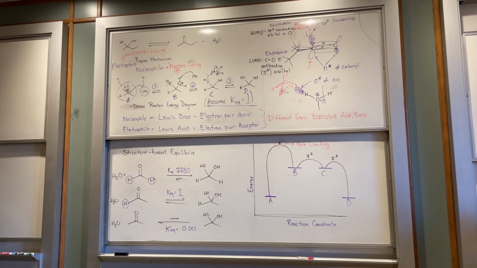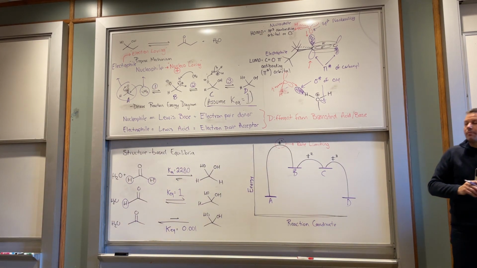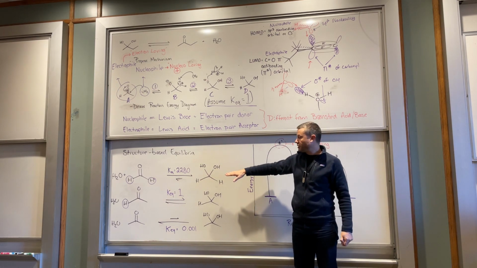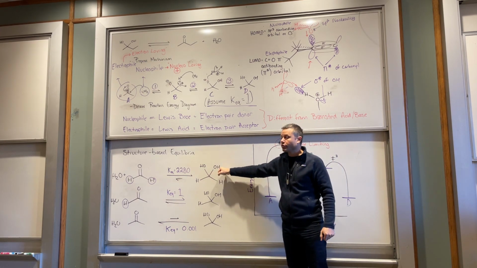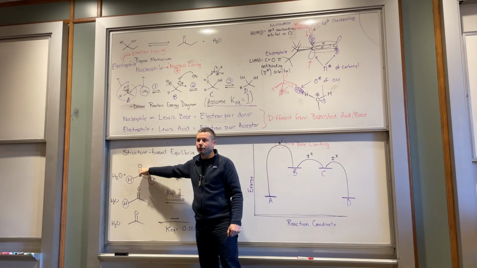Right, so much greater than 1. It's indicating that this top reaction is product favored. Right, and we can quantify it by saying when this reaction reaches equilibrium, there are going to be 2,280 molecules of the hydrate to every 1 molecule of the aldehyde.